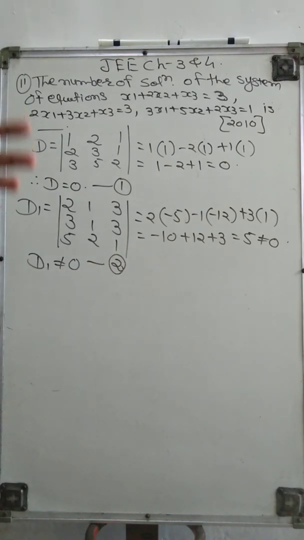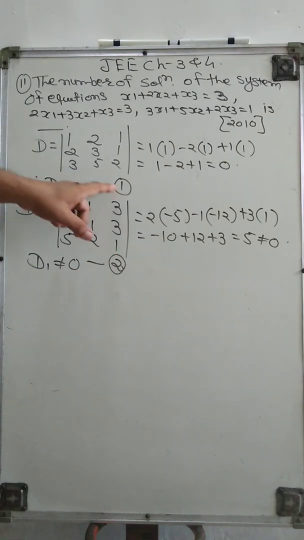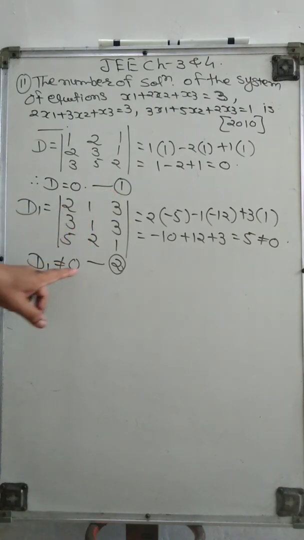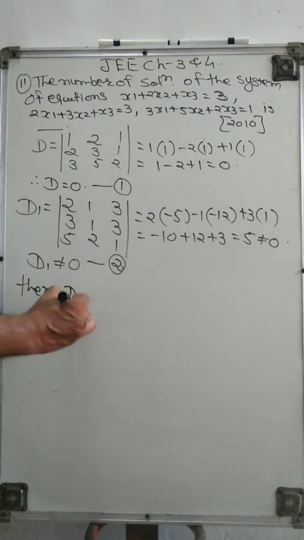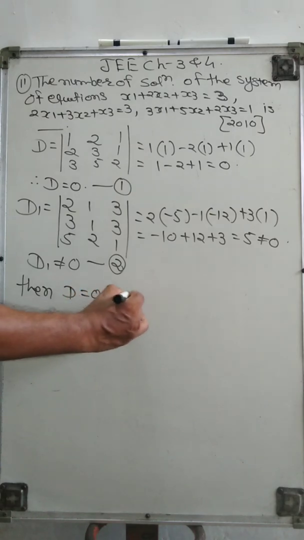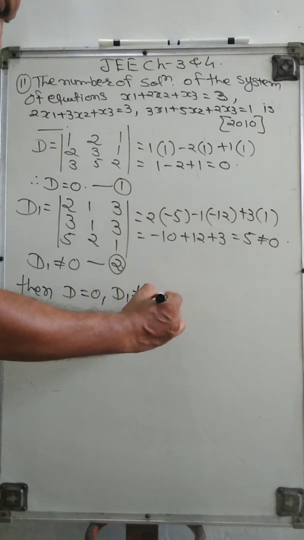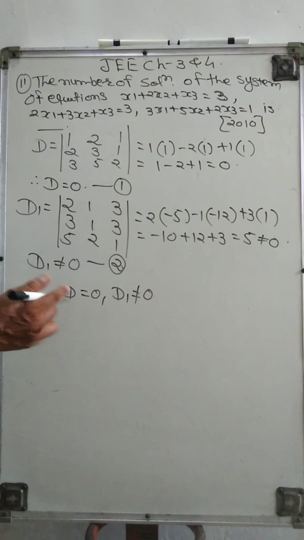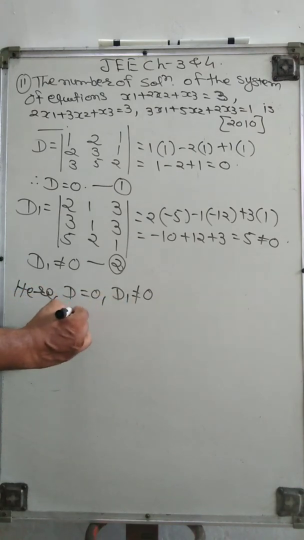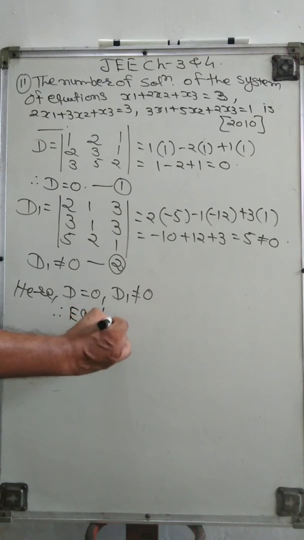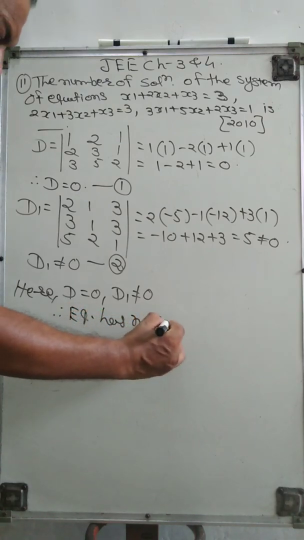Now the condition: if D is equal to 0 and D1 is not equal to 0, then the equation has no solution. Here D is equal to 0 and D1 is not equal to 0. Therefore, the equation has no solution.